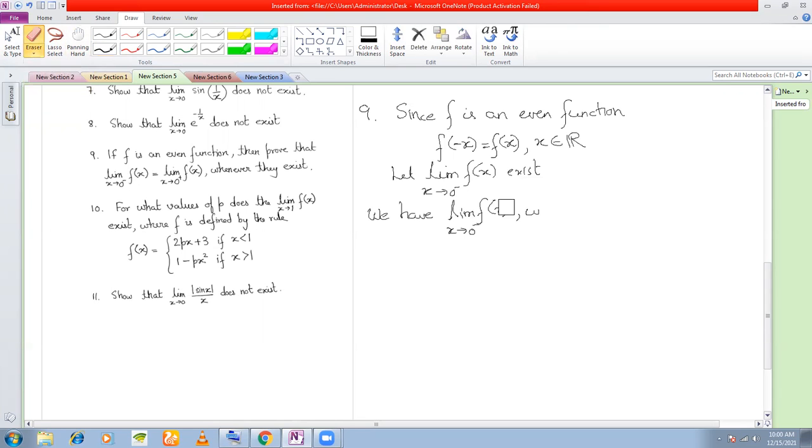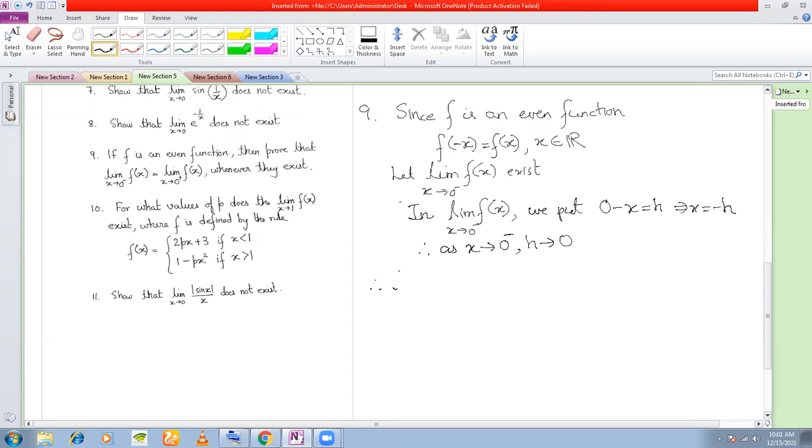In the limit as x tends to 0 minus of f of x, we evaluate this by putting 0 minus x is equal to h, right? So that we get x is equal to minus h. Therefore, as x tends to 0 minus, h tends to 0.